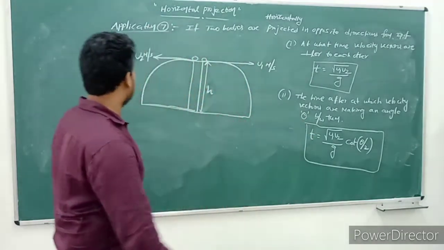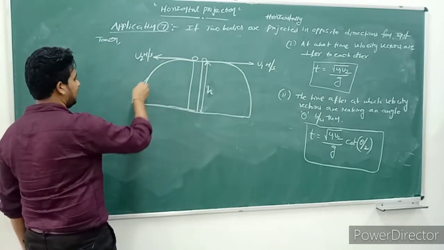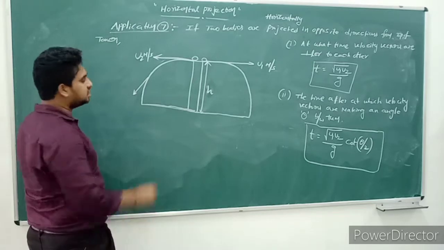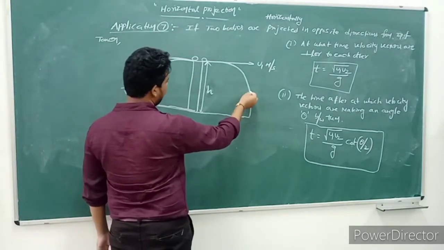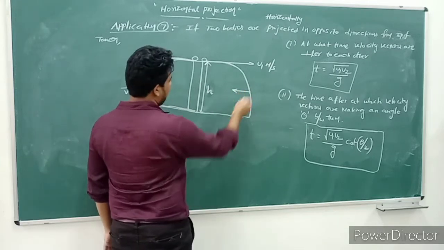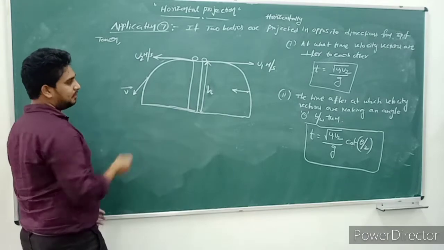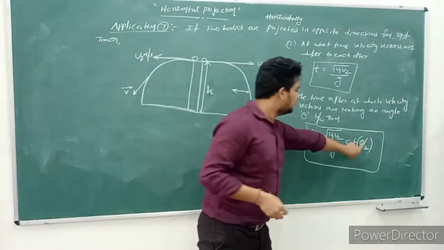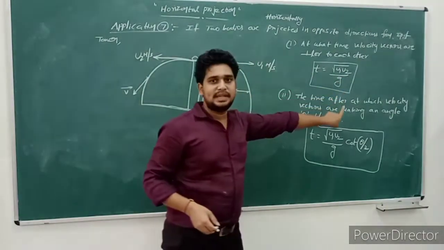Okay, for example, this is a velocity vector, this is a velocity vector. After some time, the position of the velocity vector is like this. After some time, the position of the velocity vector is like this. So are these two perpendicular or not? At which time are they perpendicular? Square root of u1 u2 by g.